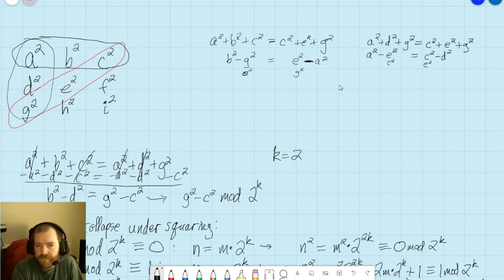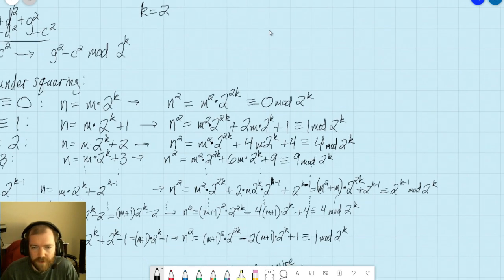Hmm. Okay, if I added these equations together, I think I just end up back with the other ones that I started with. Minus c squared, b squared minus d squared, yeah. So I end up back with these same equations anyway.